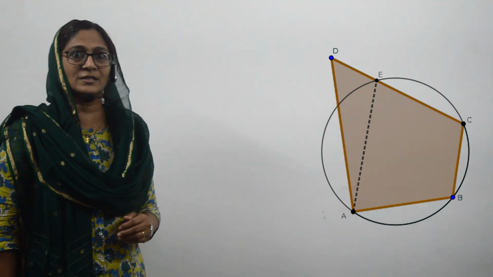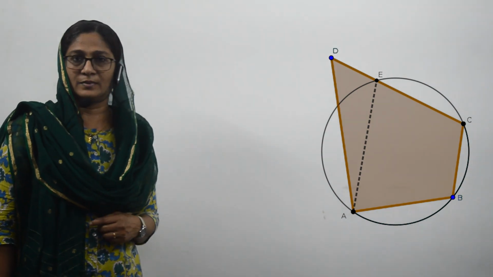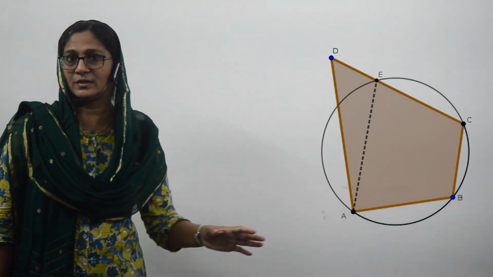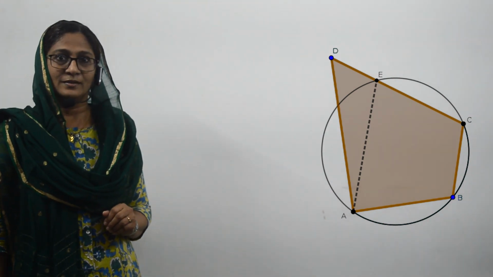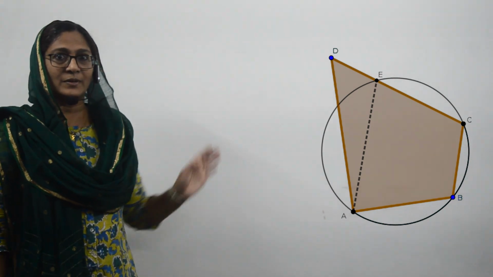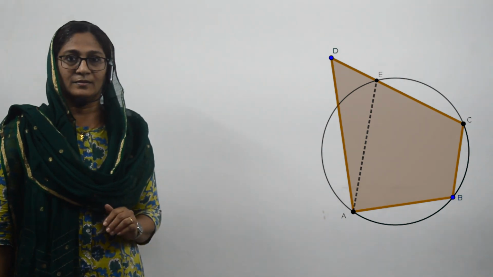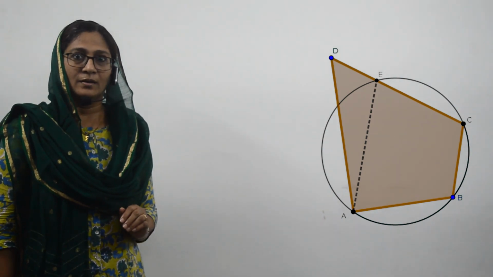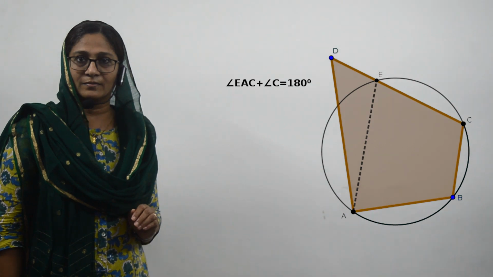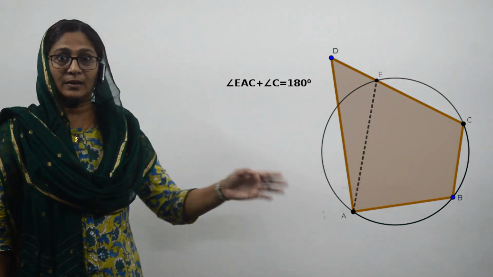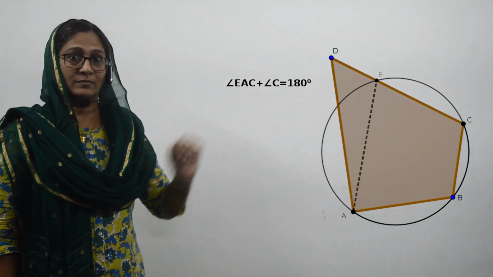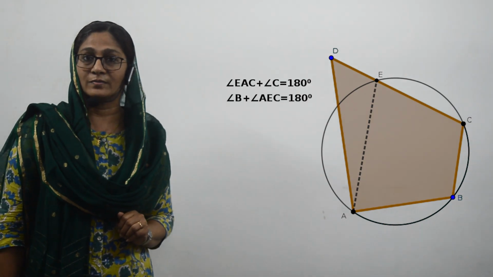According to what we have just seen about quadrilaterals with the vertices on the circle, angle A plus angle C is surely 180 degrees, and angle B plus the new angle E is 180 degrees.